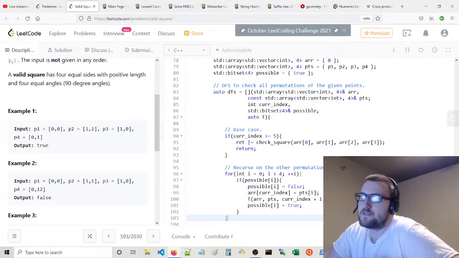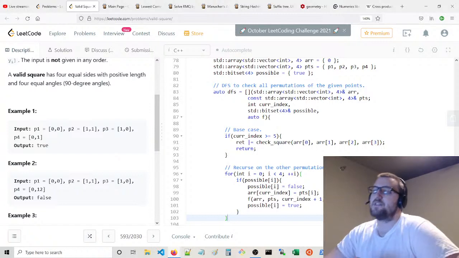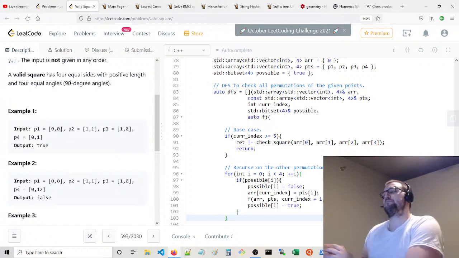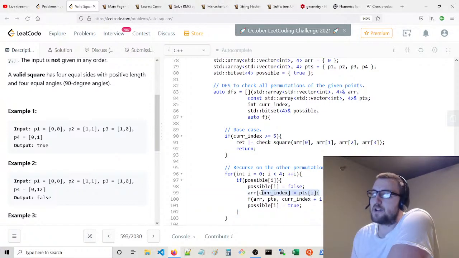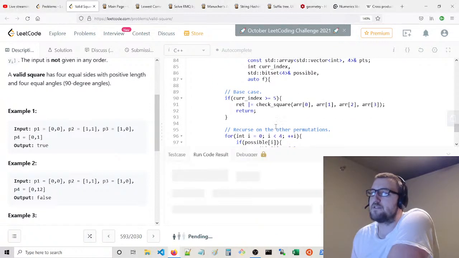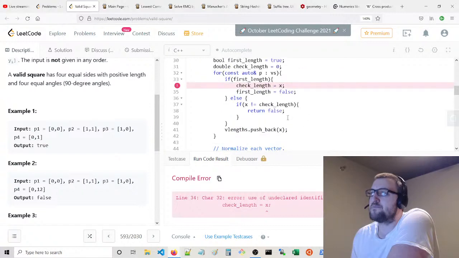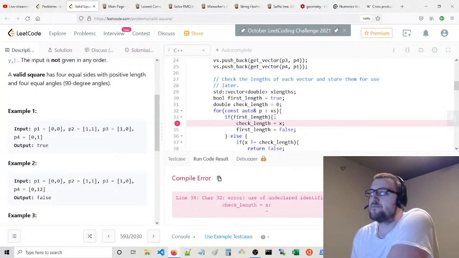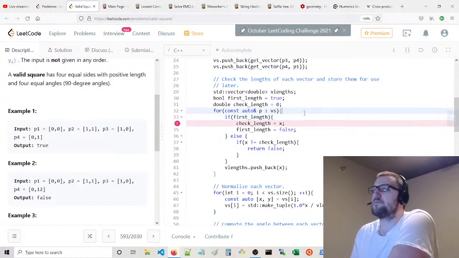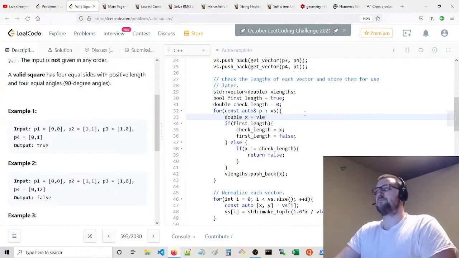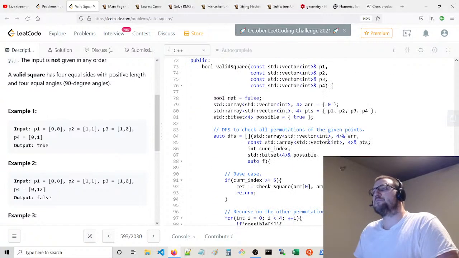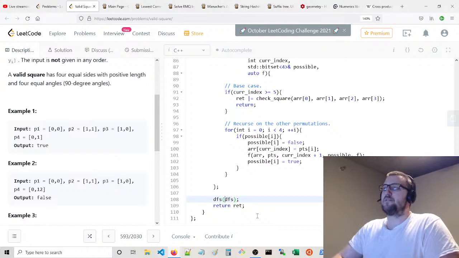Yeah, I think that's fine. We don't really need to reset this back to anything. I think that's okay as well. Also, we need a few more things here.